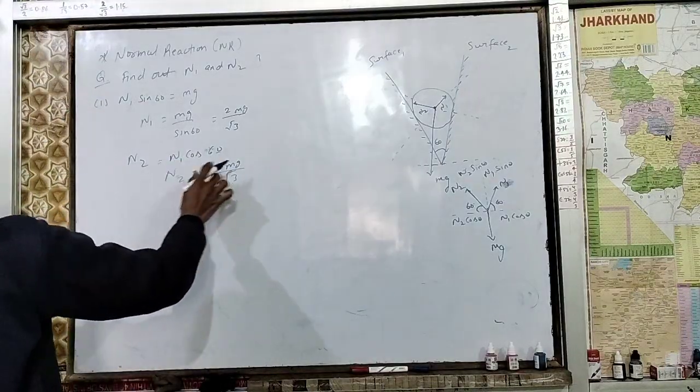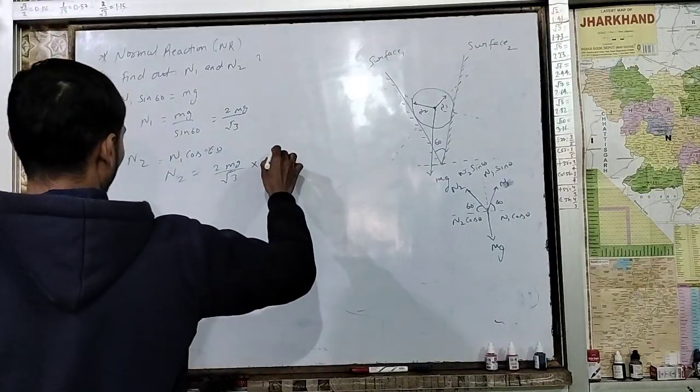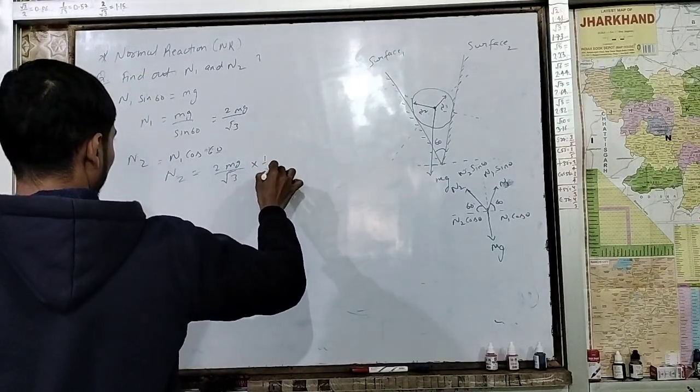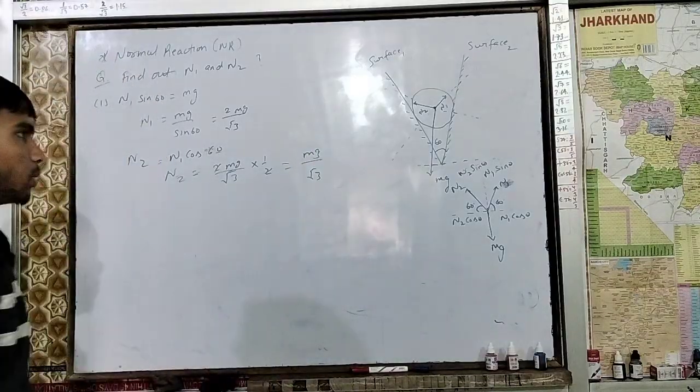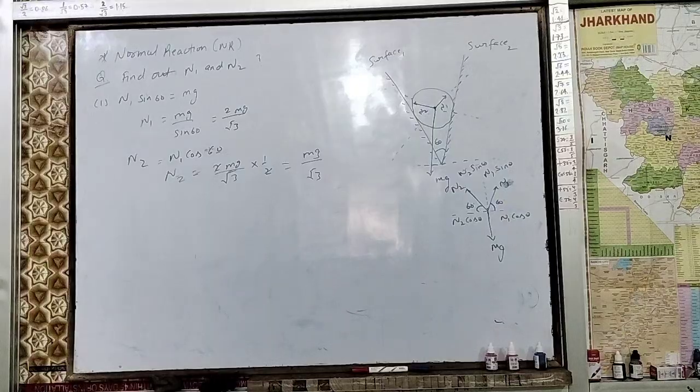We just put the value of N1 and then cos 60 will become 1 by 2. Finally we got mg upon root 3. This is the value of N2. Clear? Yes, this is clear.